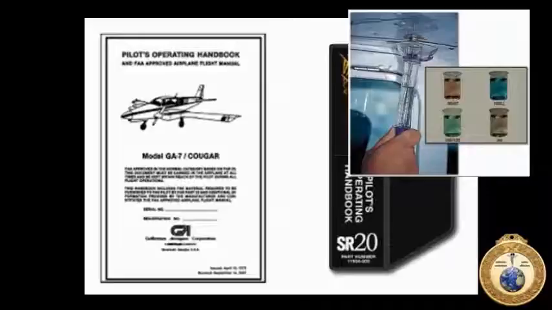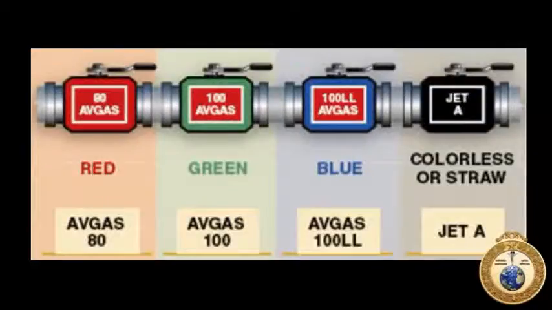After we refuel, we test the fuel during pre-flight, but here are some of the basic fuel grades that you will see in general aviation. There's 80, 100, 100 low lead, and Jet A. The 80 octane is reddish in color, the 100 is green in color, and the 100 low lead is blue, and the Jet A is colorless.